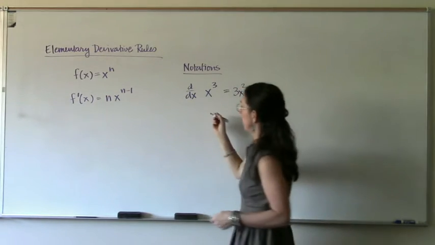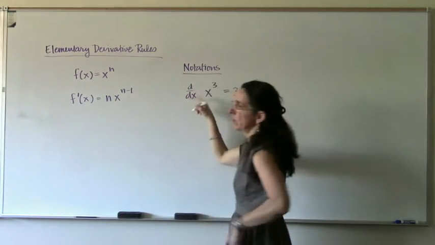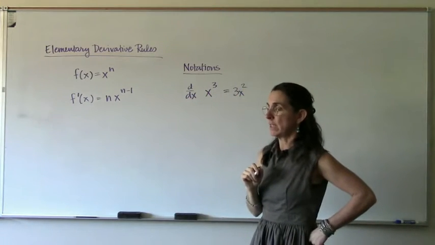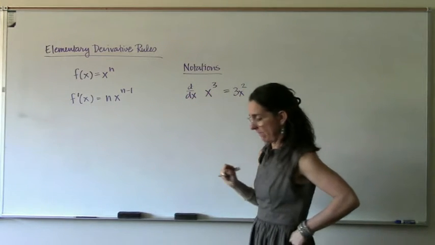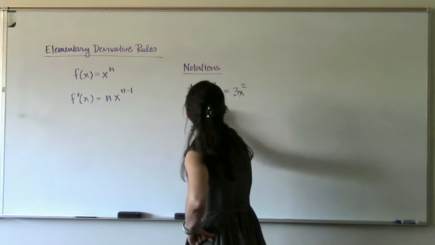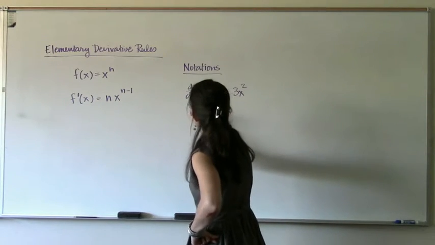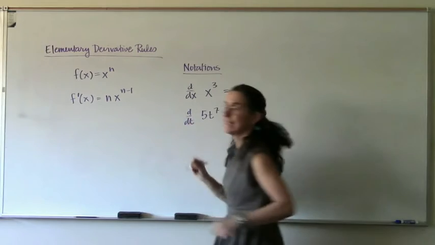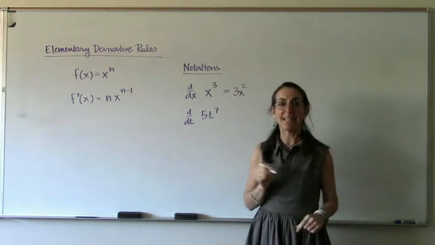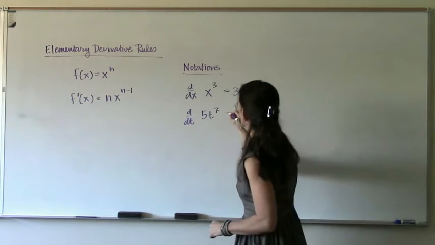If you wanted to use this kind of notation to take the derivative of 5t to the 7th, you would say d dt, 5t to the 7th, and what would you get?